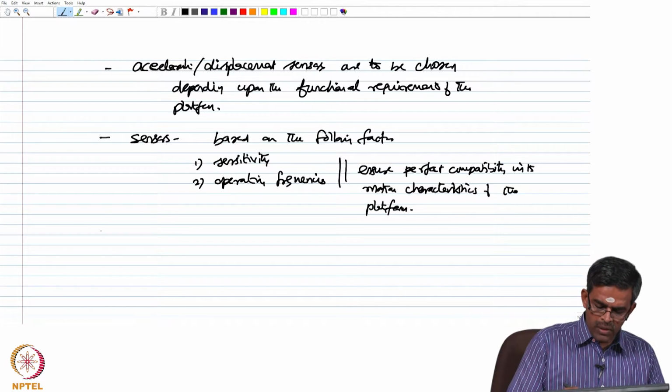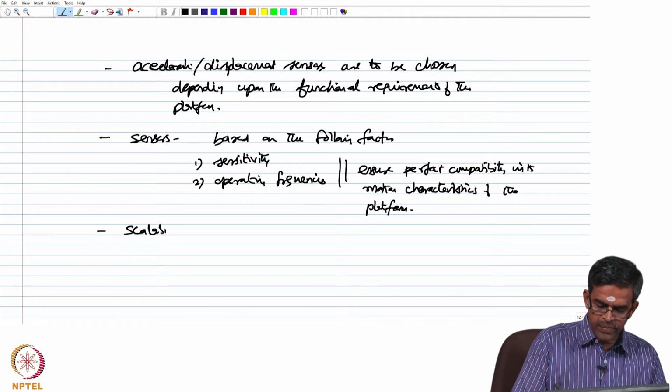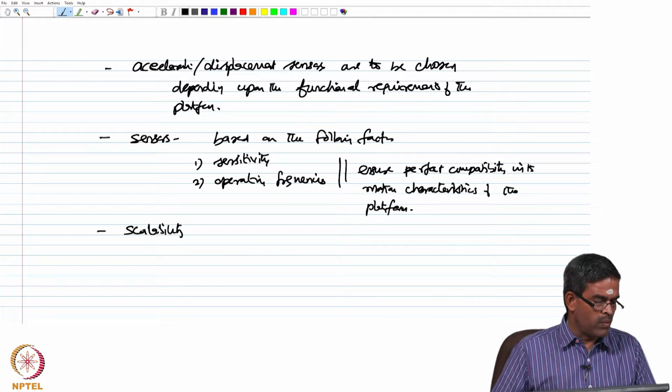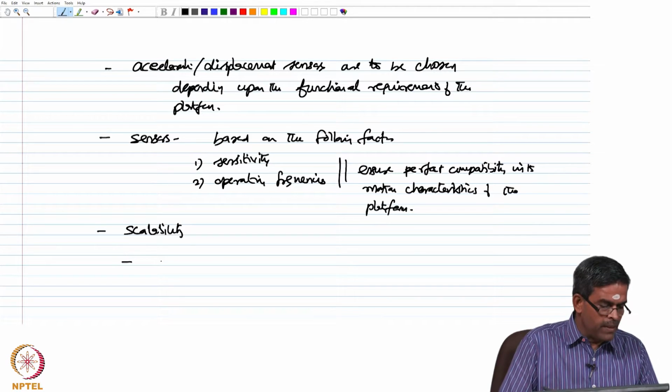The other issue we want is scalability. Scalability is also required.